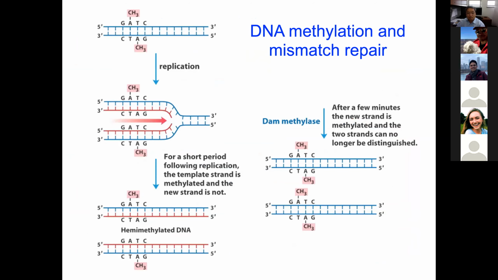Yes, that one. So the bacteria have an enzyme called Dam methylase. It will actually modify the newly synthesized strand with a methyl group. So before this modification happens, any mismatch can be repaired because the cells know which one is the original and which one is the new strand. Okay, so in the very first one, that's what we want, correct?